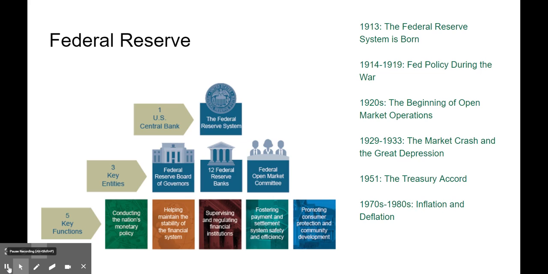And many people, of course, blamed the Federal Reserve for failing to stop all of the loans that had been put out and overinvestment in the stock market and so on. Some argued that the Federal Reserve did not have adequate understanding of monetary economics.